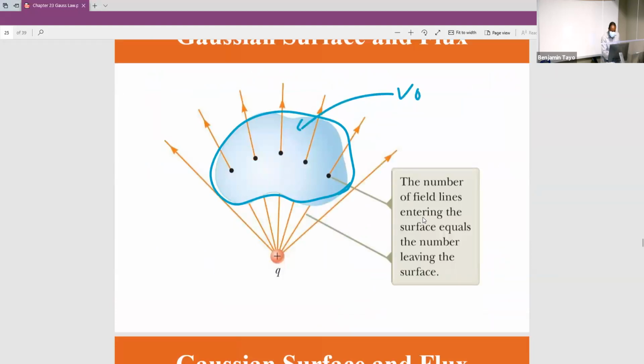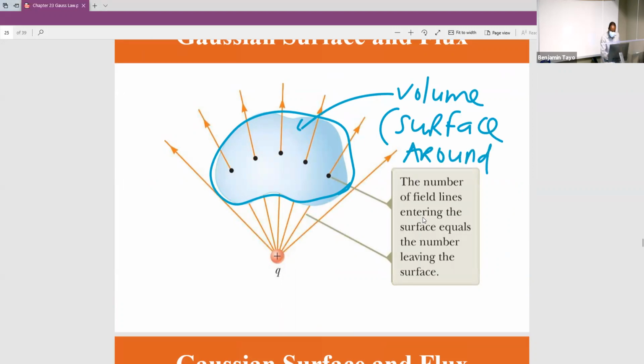Because there's no charge in here, the electric field going in is the same as the electric field going out.